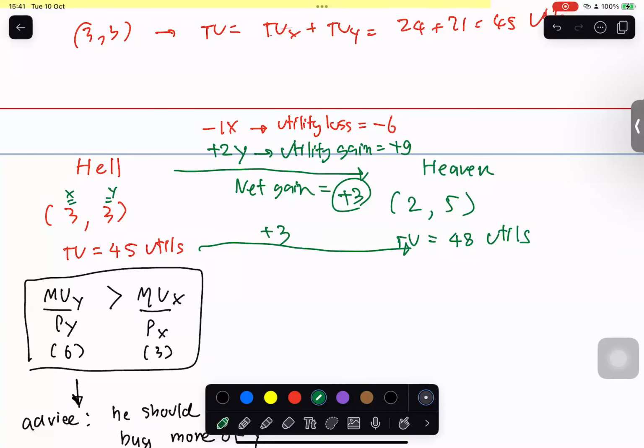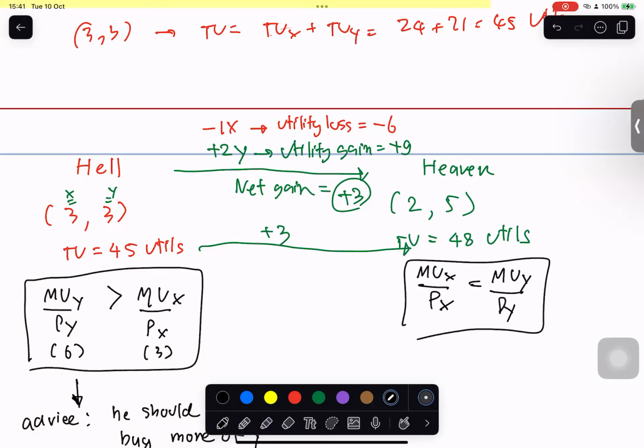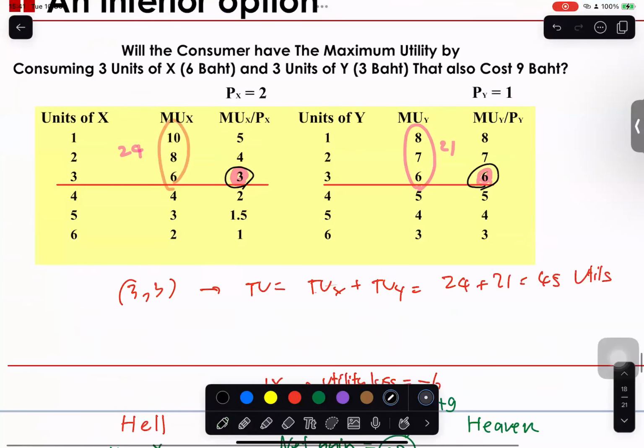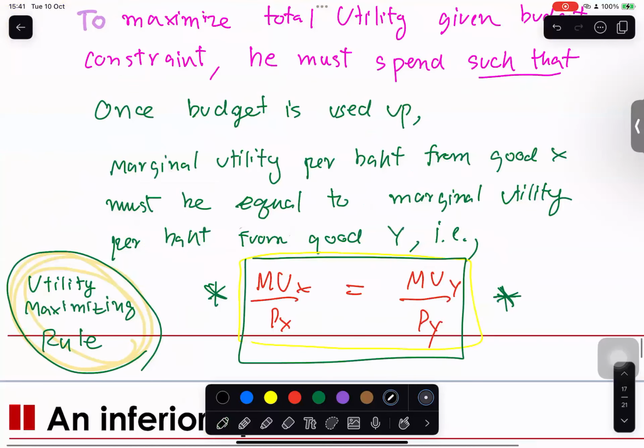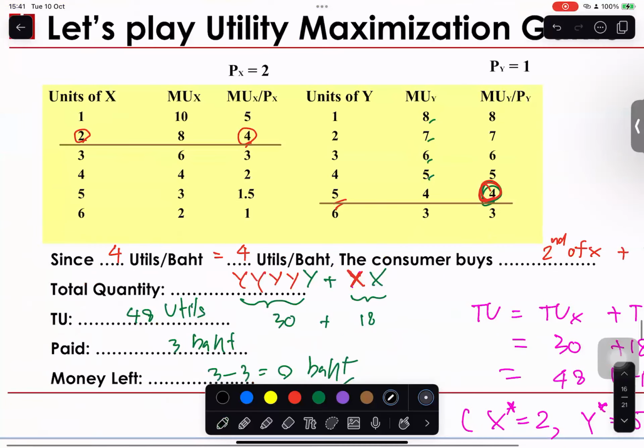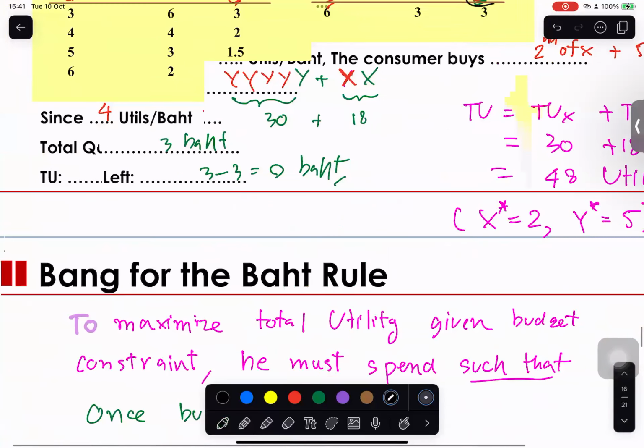And once he arrived at this 2,5, we check again. This rule is now fulfilled. MUX over PX equal to MUY over PY. Look at the table, yeah. 2,5 here, 4 equal to 4. Good job.